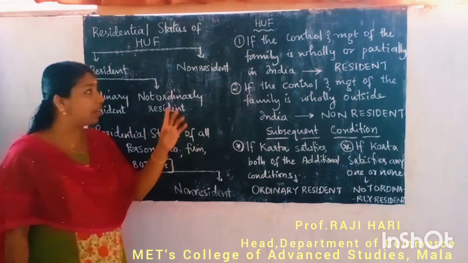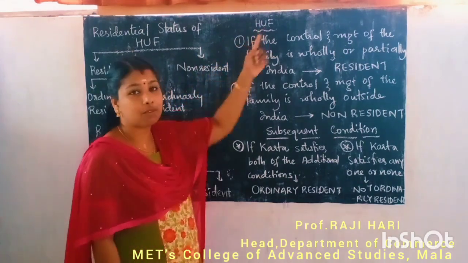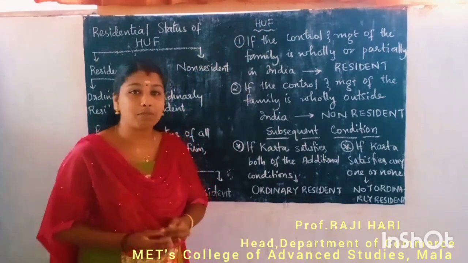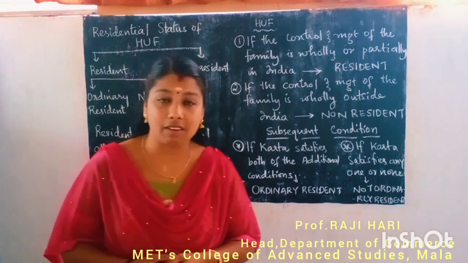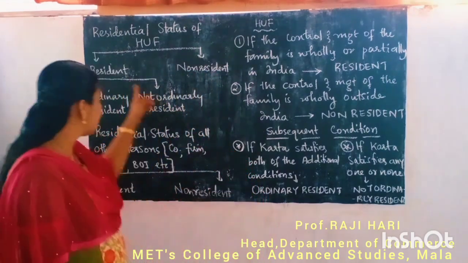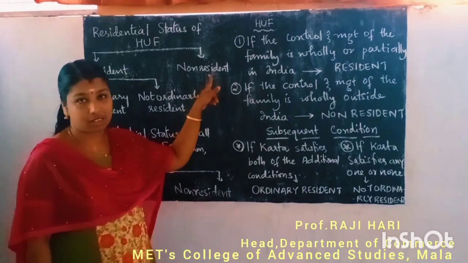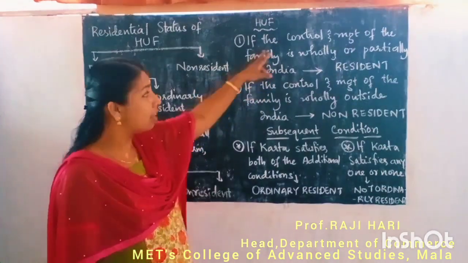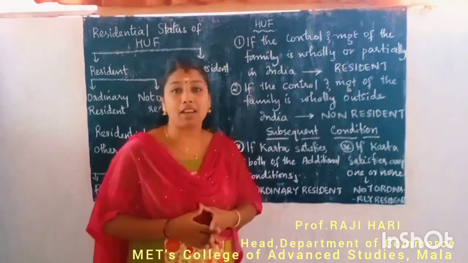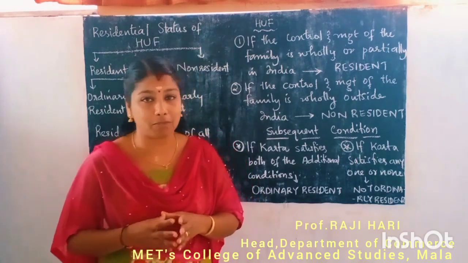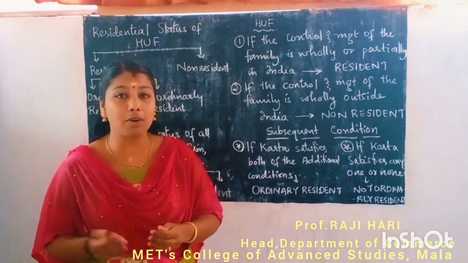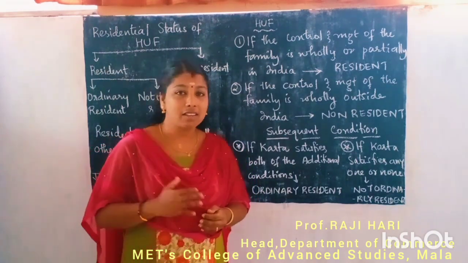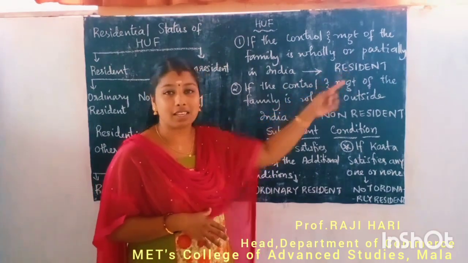So first one is residential status of Hindu undivided family. First we check whether the family is resident or non-resident. The condition is that if the control and management of the Hindu undivided family is wholly or partially in India, that family is resident.